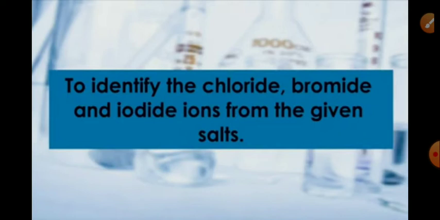So children, here we will see that this product comes out in the form of solid, which we call a PPT, or precipitate. This process is called precipitation. In all three test tubes, we will get PPT.